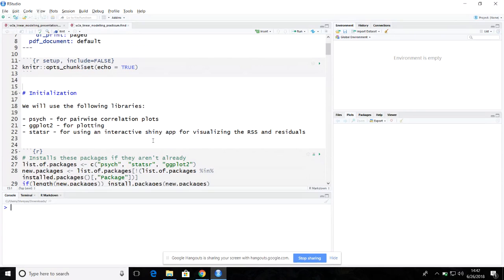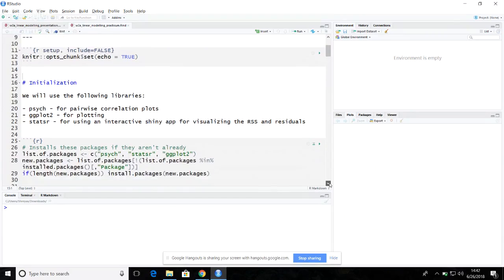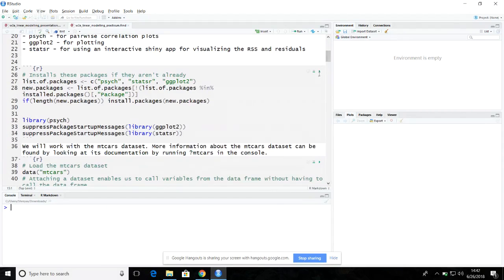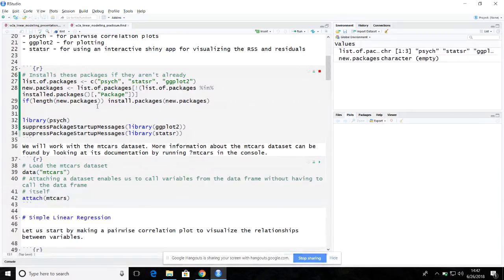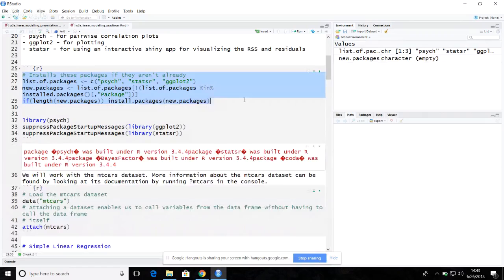We'll talk more about them. First, we initialize and load all our packages. This piece of code right here is just a way to make sure that the package you're trying to library in is already installed, so you don't get an error. If it's not installed, it automatically will install it and then library it in.